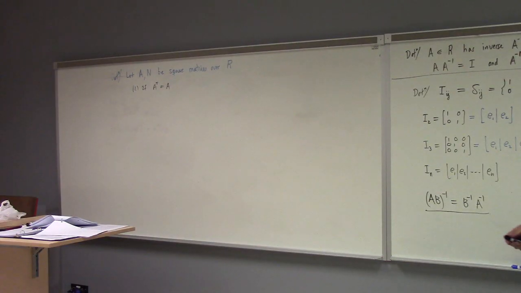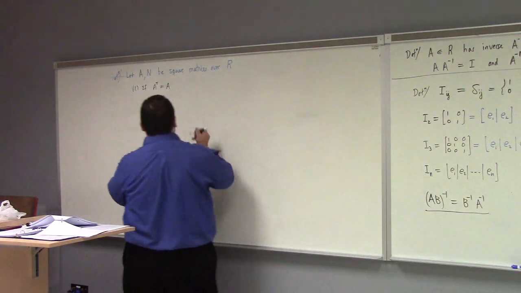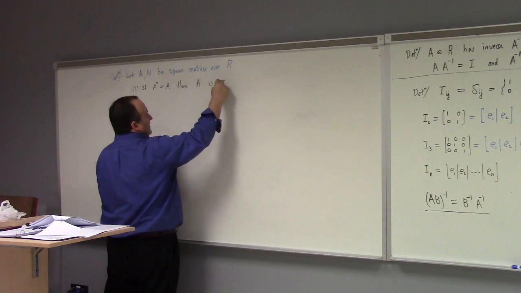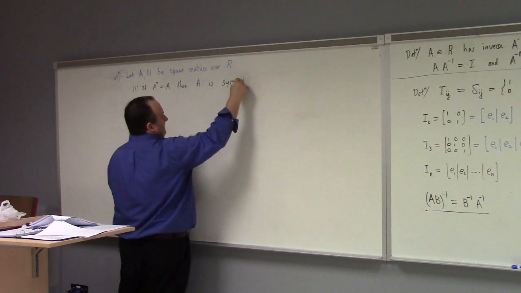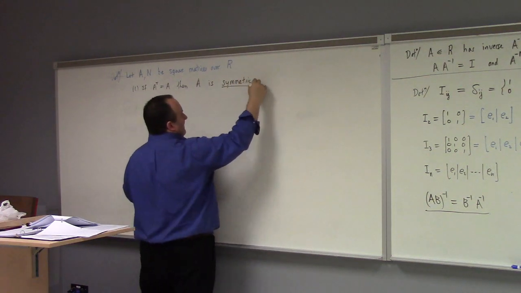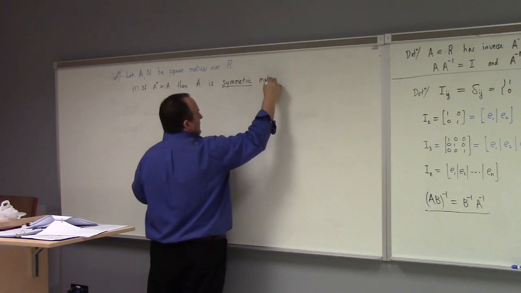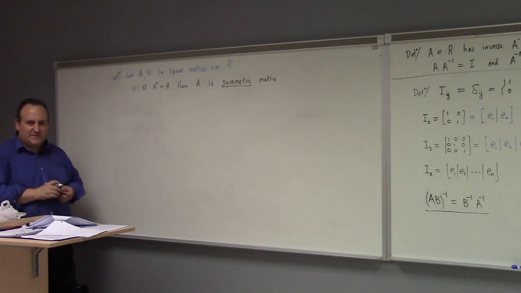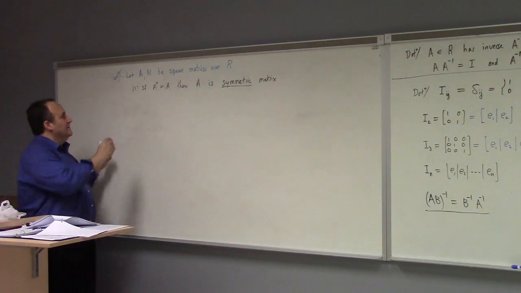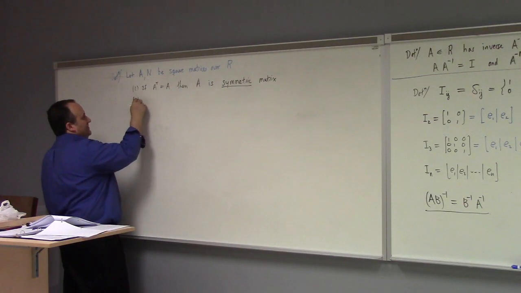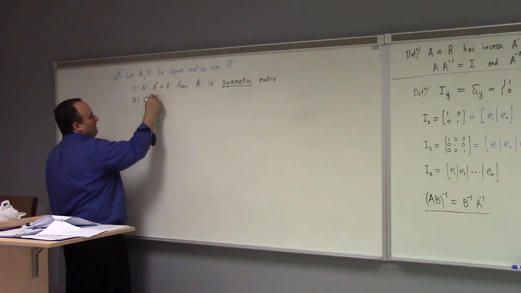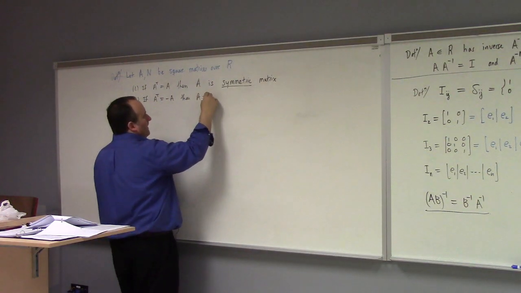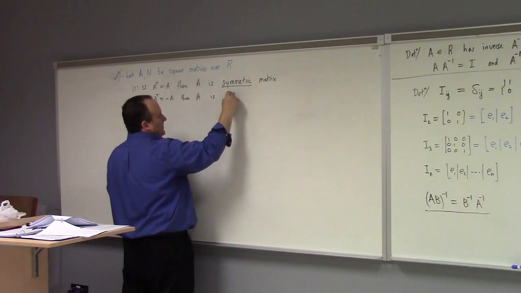A transpose equals A. This is a symmetric matrix. Some of you had Majeric; he does talk about symmetric matrices. What if there's a minus there instead? Anti-symmetric.